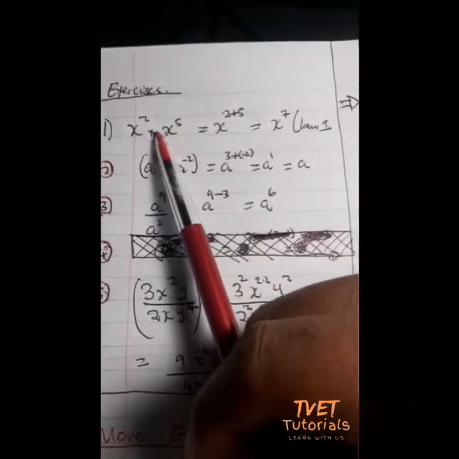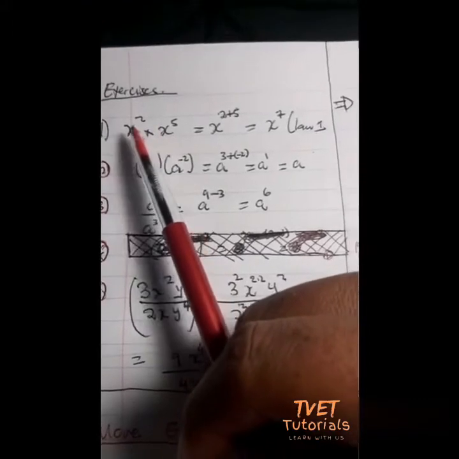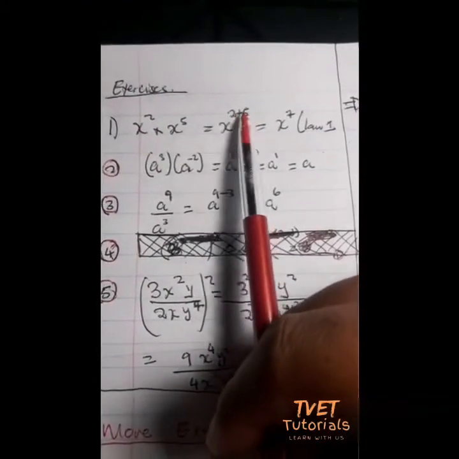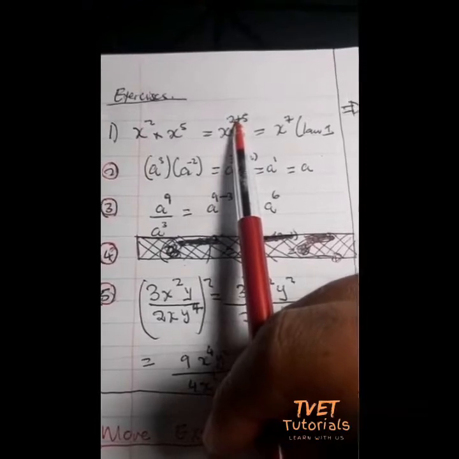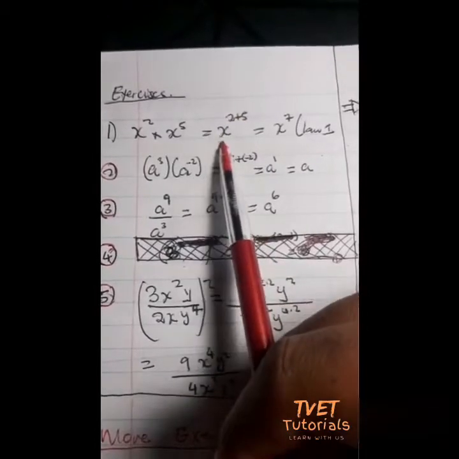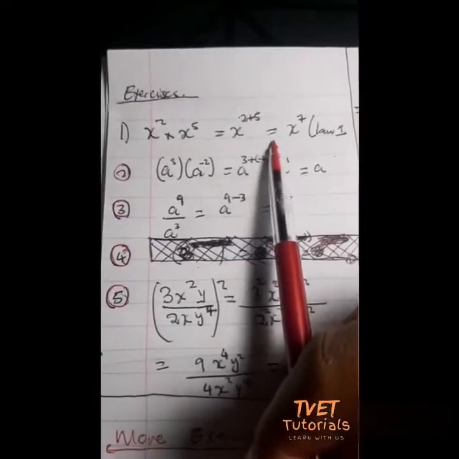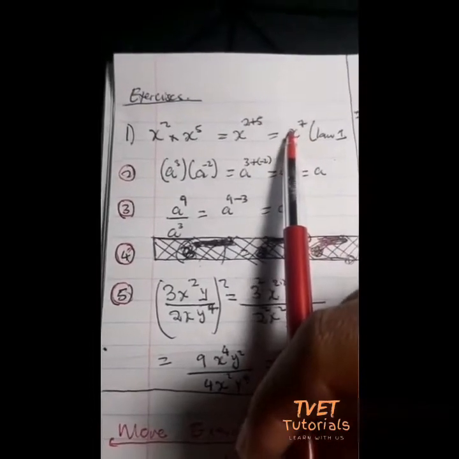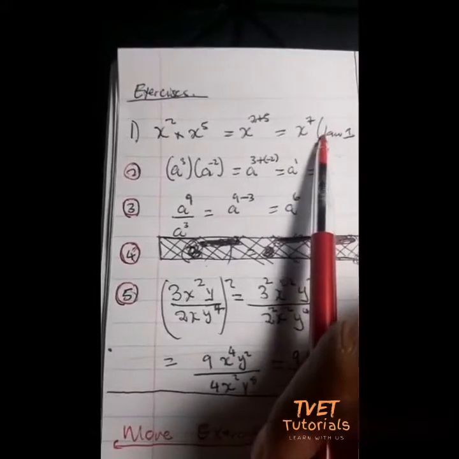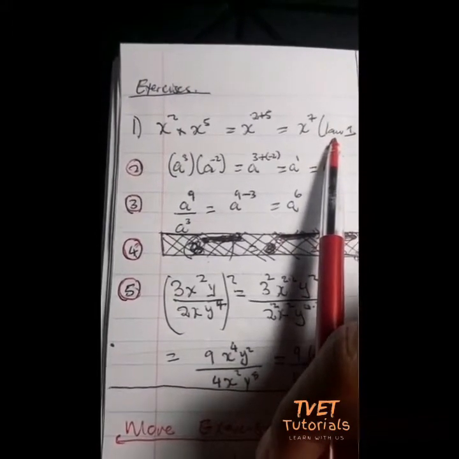You see that here I have a multiplication sign and common bases. That means I will add the exponents together and I will use the common base. So that becomes x to the power 2 plus 5, which is equal to x to the power 7. That is from law number 1, right?